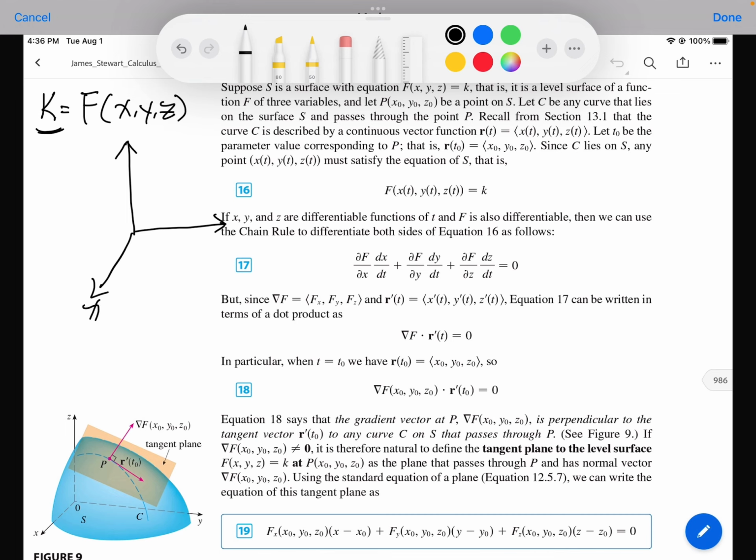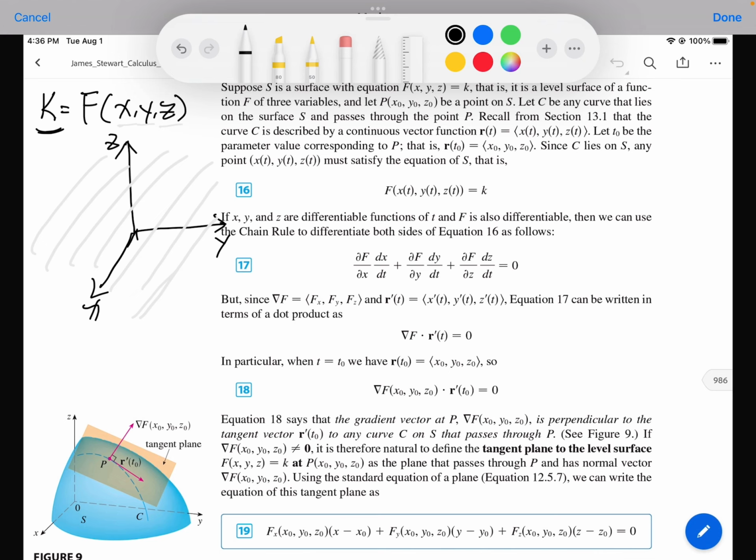So here, x, y, z, this 3D space. Remember what I said: the gradient vector falls in the realm or space of independent variables. Independent variables in this case are x, y, and z. So this whole 3D space is the independent variables.